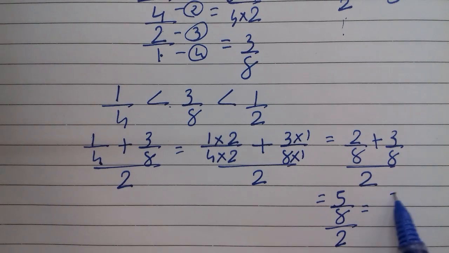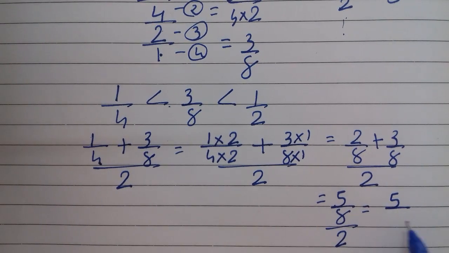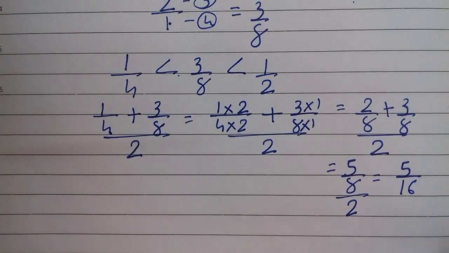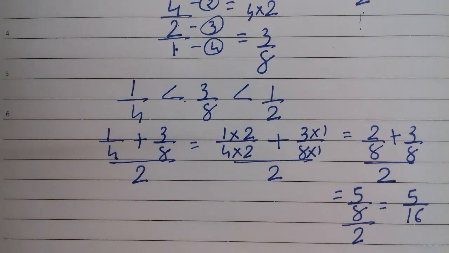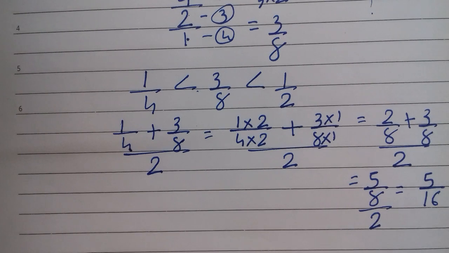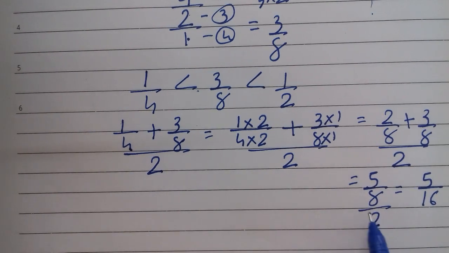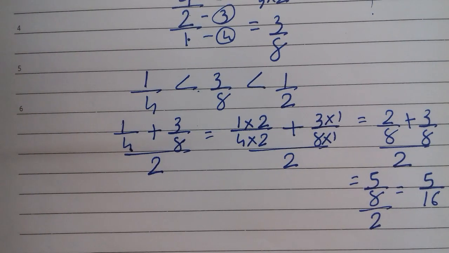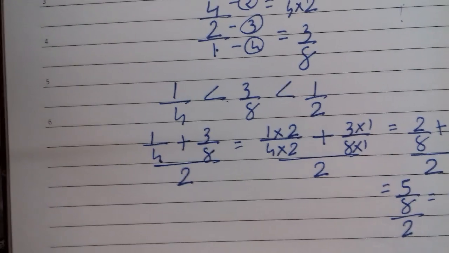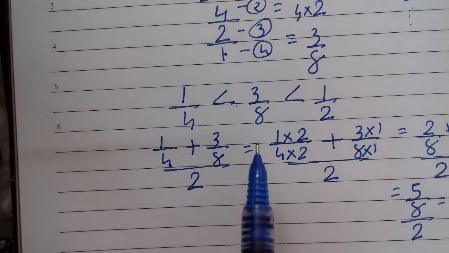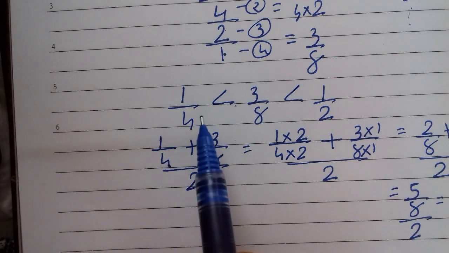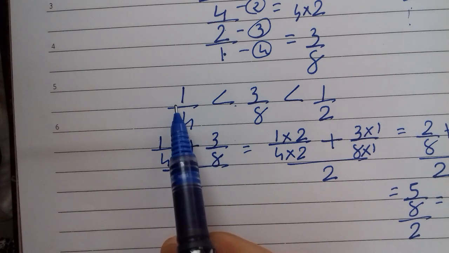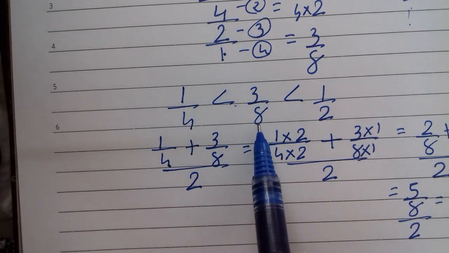Once again we get the final answer 5/16. Now you can understand why this 5/16 comes. So we can write 5/16 is a rational number between 1/4 and 3/8.